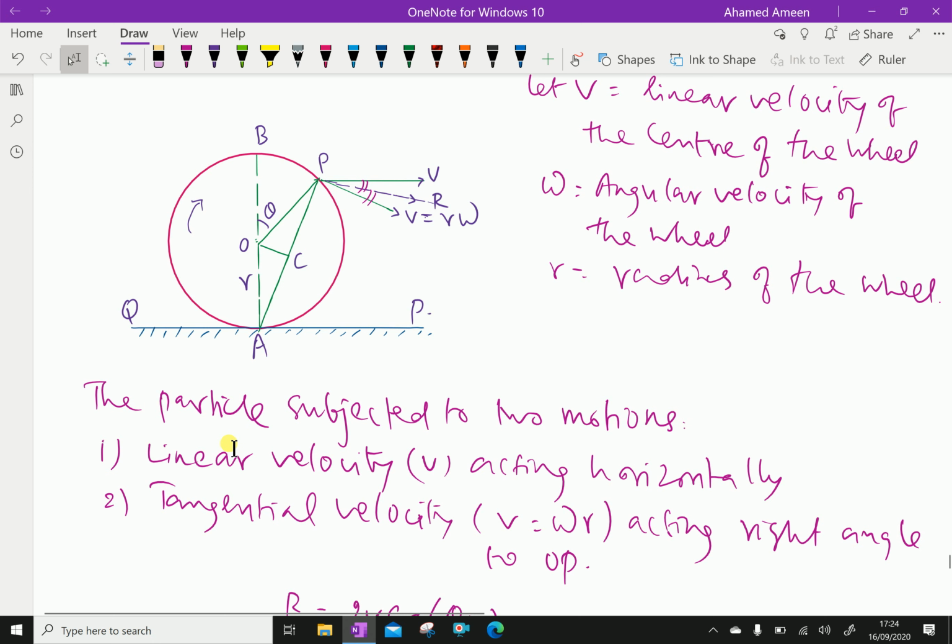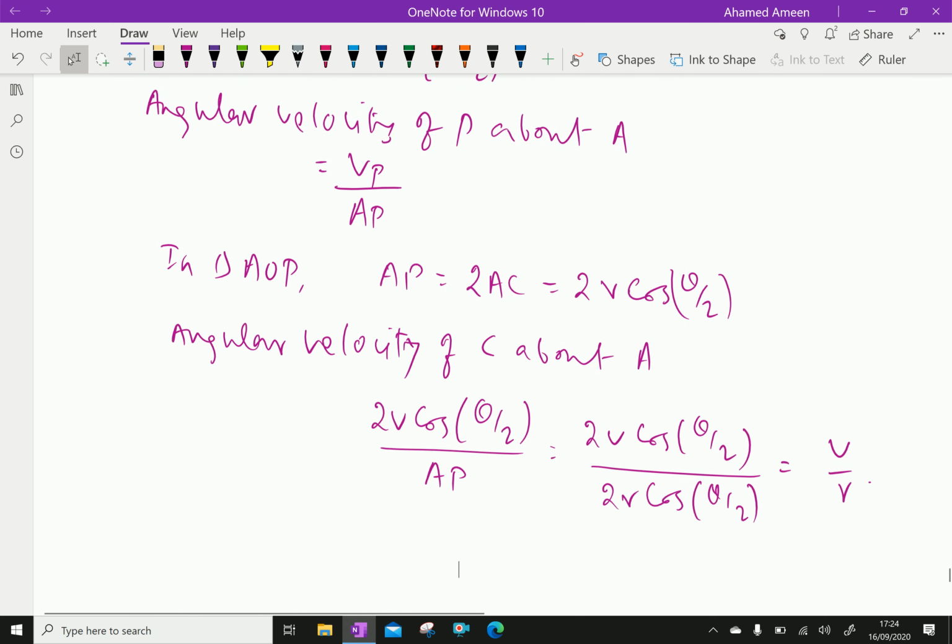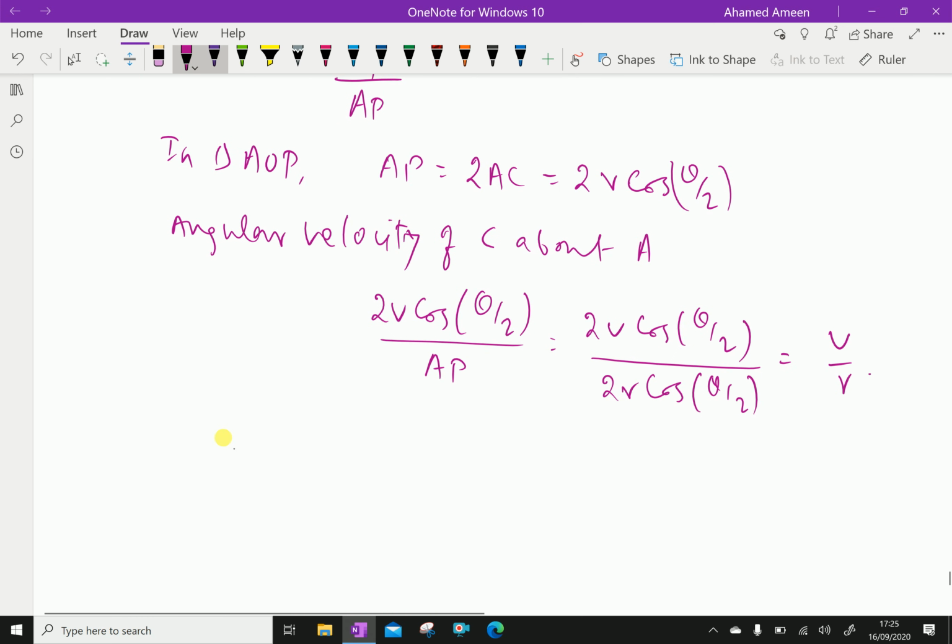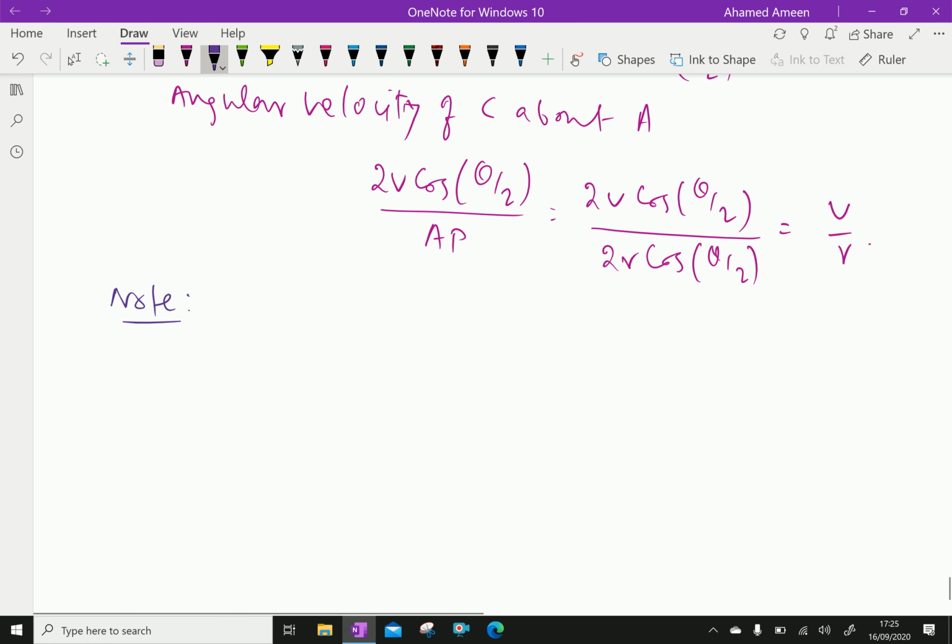Now note here, the particle A is subject to the following two velocities.